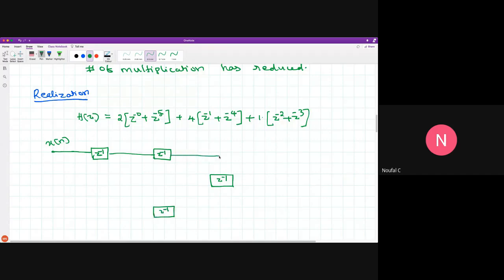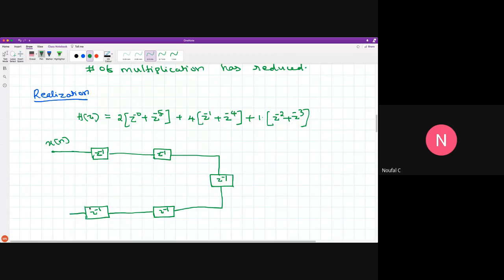So you will get z raised to minus 3 term over here, and you will get z raised to minus 2 term after this delay element, and at the end you will have another term with z raised to minus 1. So at this point you will get z raised to minus 5 value.